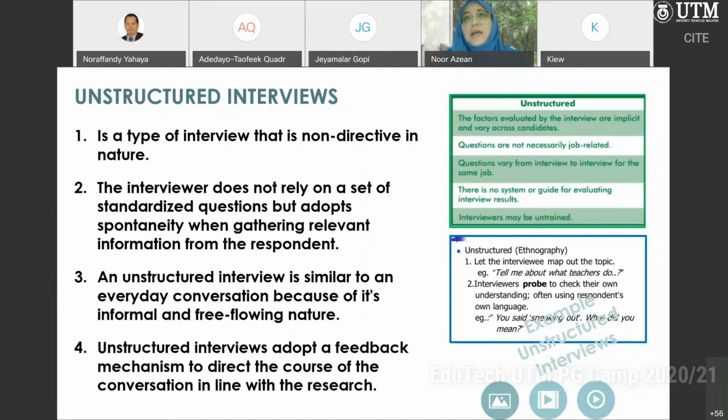Here, the interviewer does not rely on a set of standardized questions, but adopts spontaneity when gathering relevant information from the respondent, in line with the purpose of the interview. So in some way, an unstructured interview is similar to an everyday conversation. It's just spontaneous, right? Because of its informal and free-flowing nature.